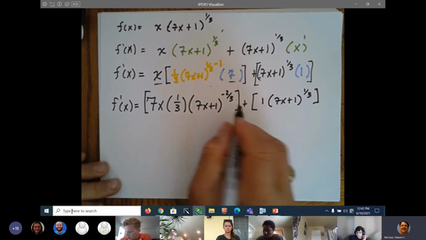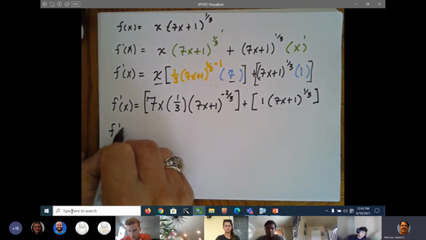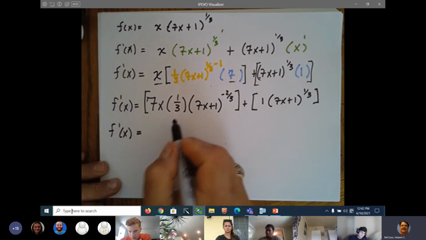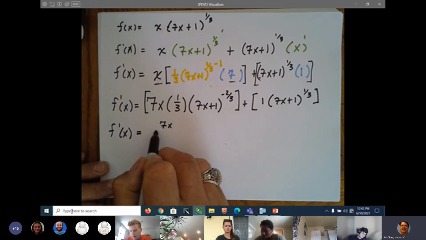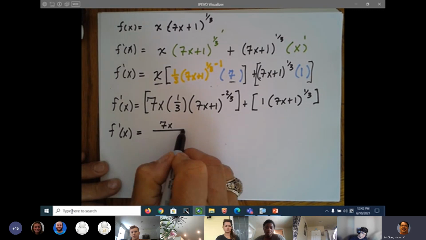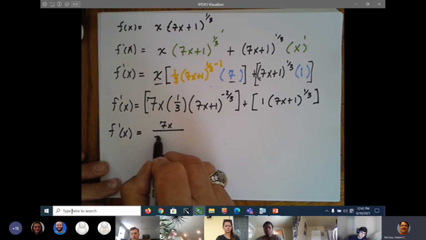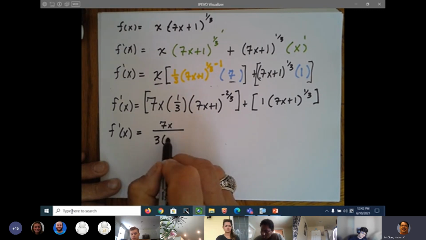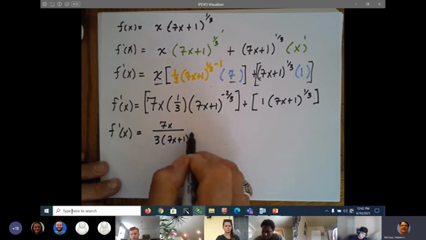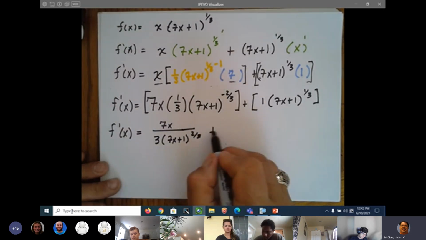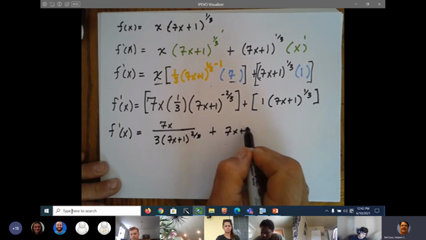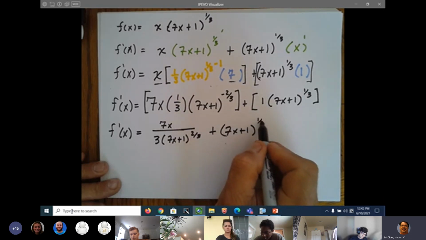All right. So that's going to be f prime of x is equal to 7x over 3 times (7x plus 1) to the 2/3, plus (7x plus 1) to the 1/3.